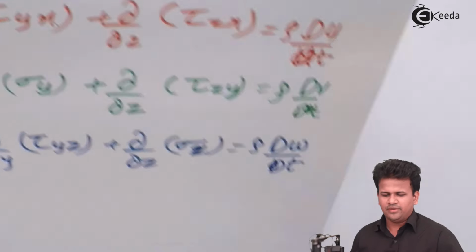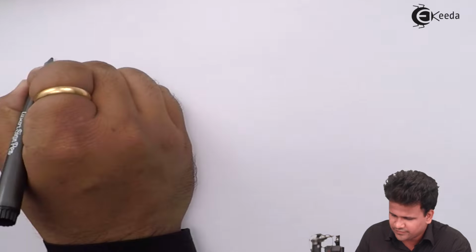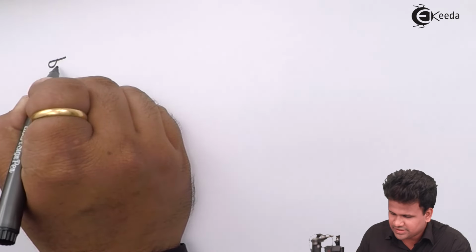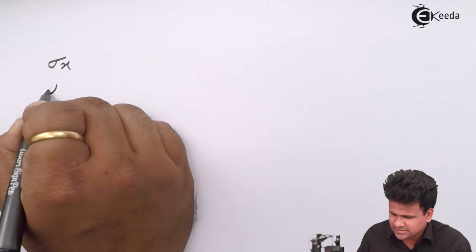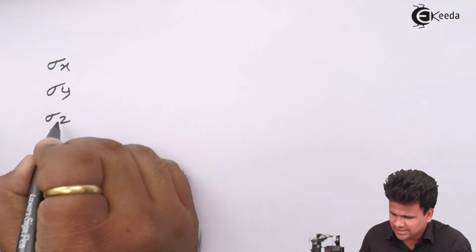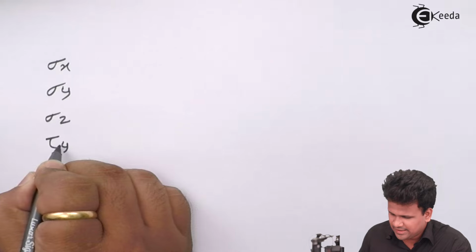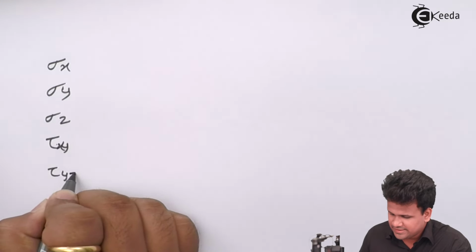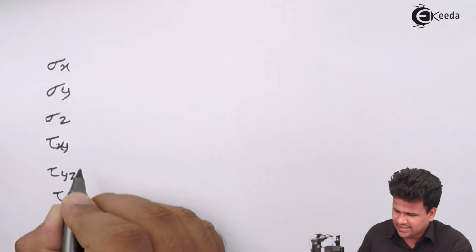After solving this part, we'll get the stress matrix terms sigma x, sigma y, sigma z, tau xy, tau yz and tau zx.